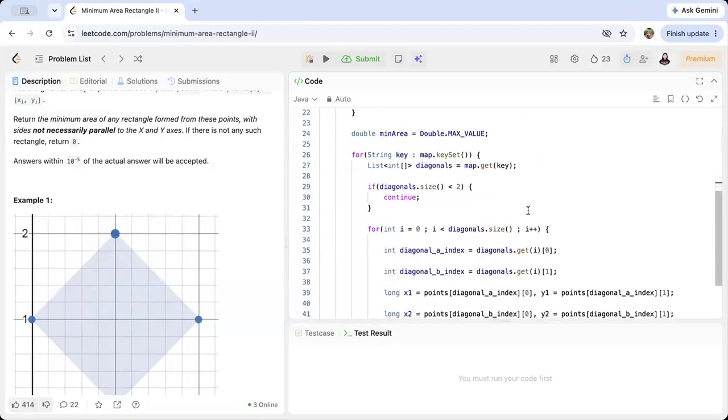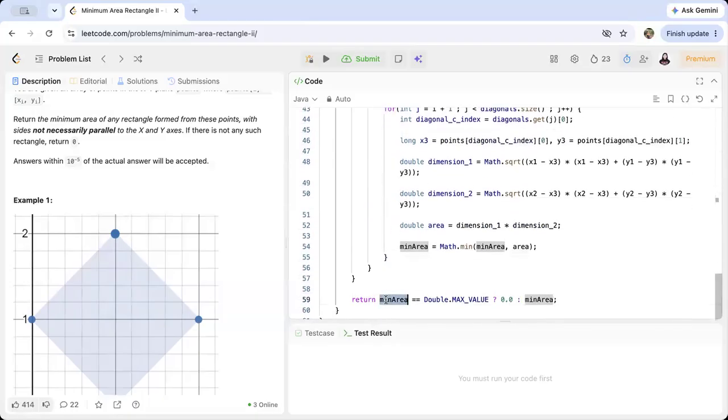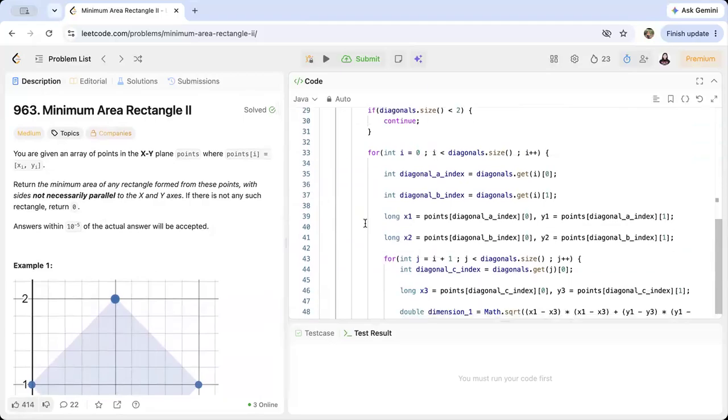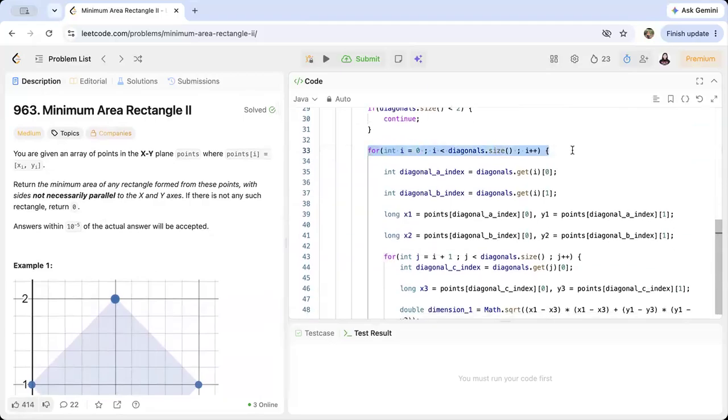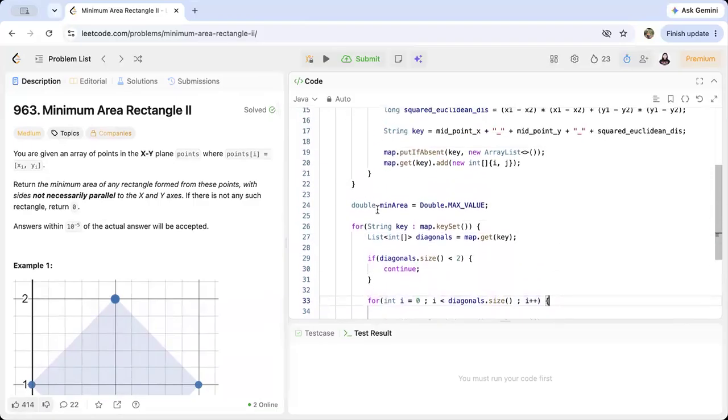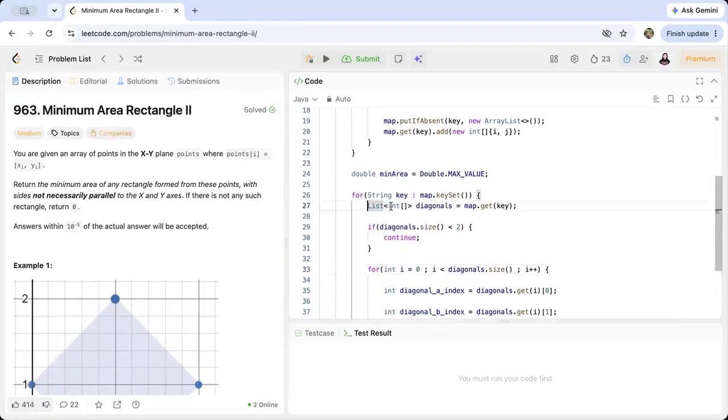Now we have this global minimum, and in the end we are going to return it. But if our global minimum was never updated, we return 0, else we return the minimum area as per the question. So now we iterate through the map, and for every key we get a list of diagonals.